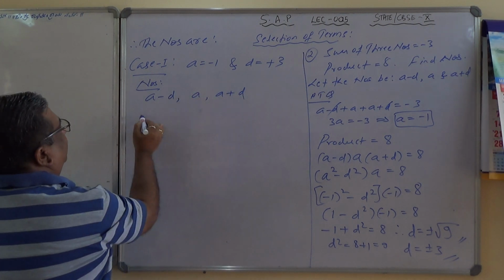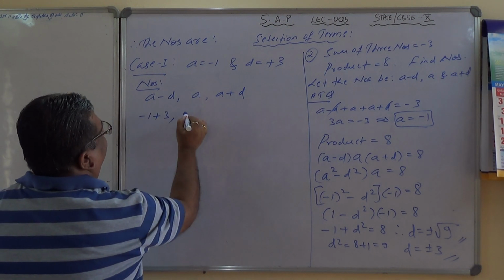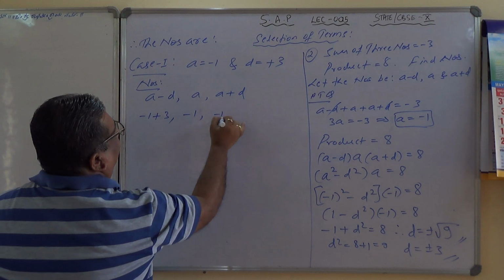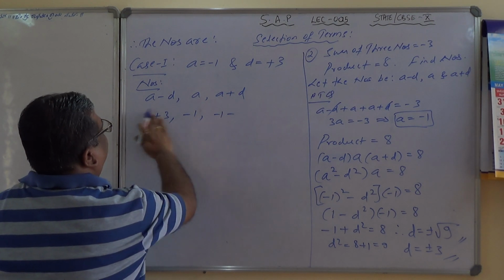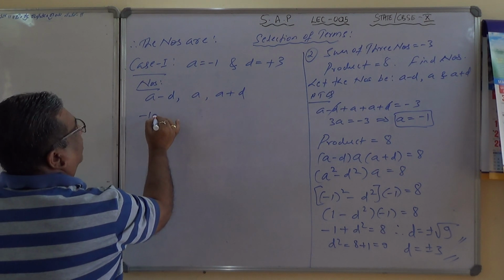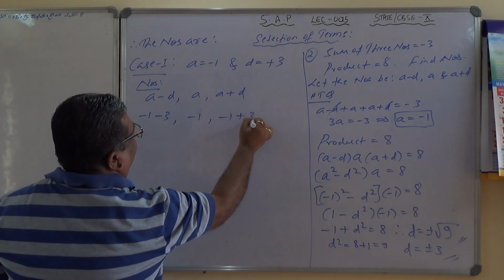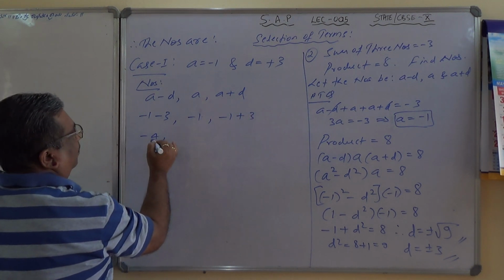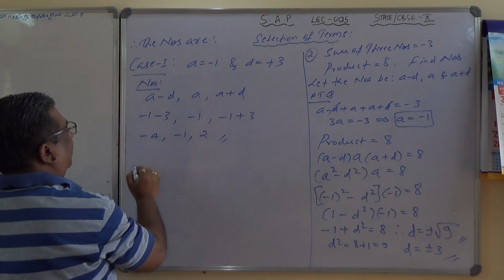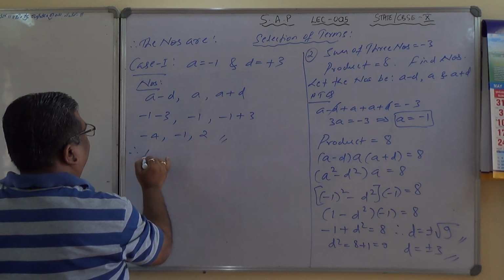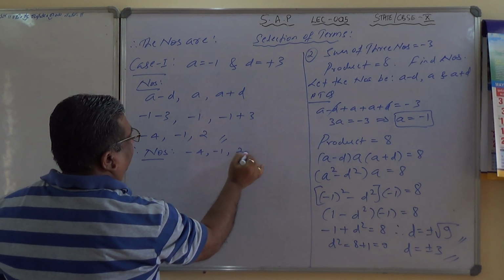What is a minus d? Minus 1 minus 3 is minus 4, then minus 1, and minus 1 plus 3 is 2. These are the numbers. Therefore the numbers are minus 4, minus 1 and 2.